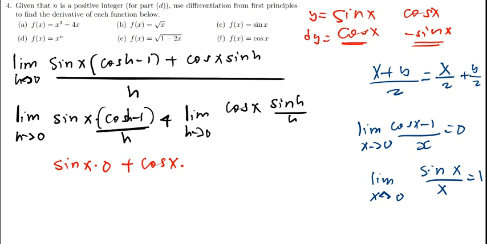Since the limit as h approaches 0 is 1, I end up having 1. 0 times sin x is 0, plus cos x. So I'll end up having cos x as my final answer.